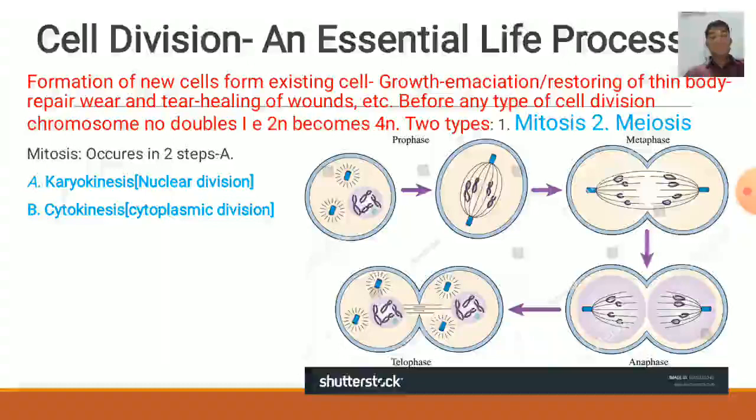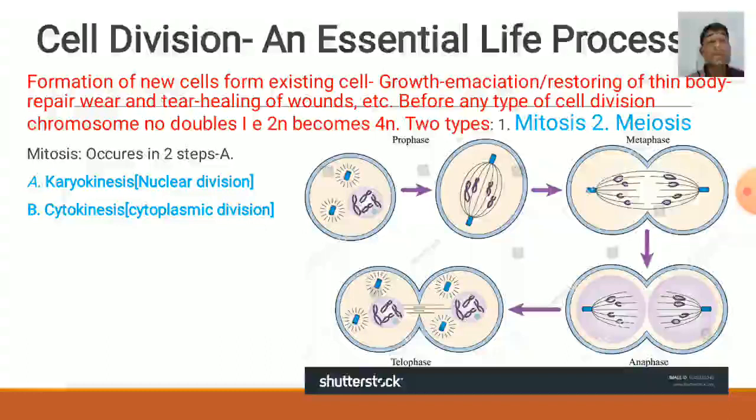In this way, each set of chromosomes reaches the two opposite poles of the cell. The last step is telophase. What happens in telophase? The chromosomes which have reached the opposite poles of the cell now start to decondense, due to which they again become thread-like, thin and invisible.